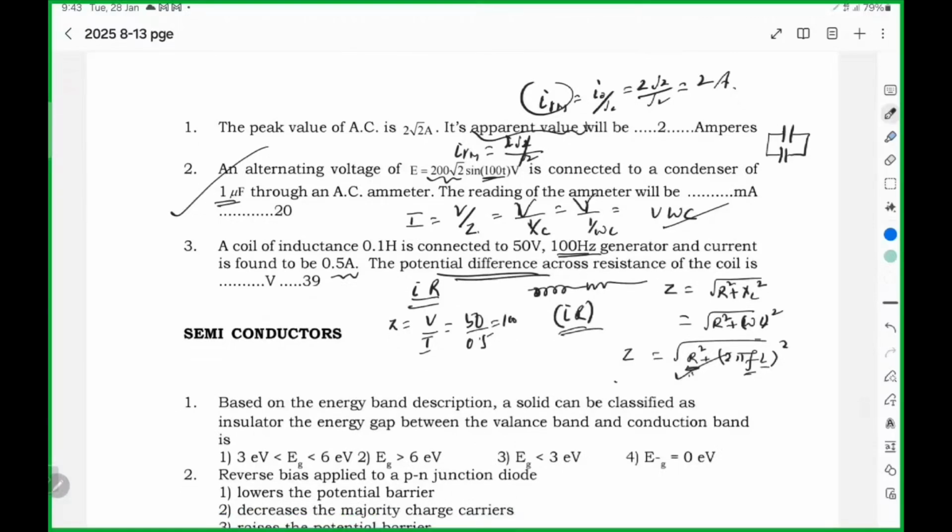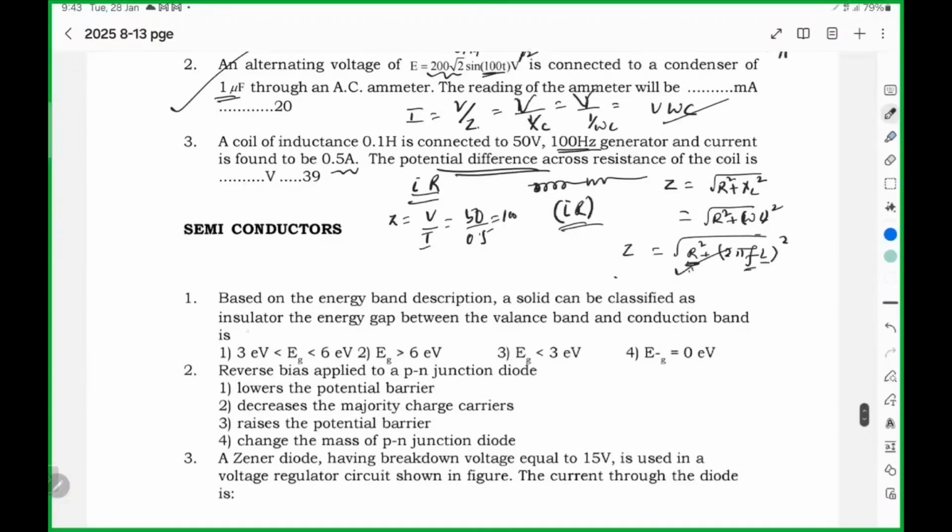Based on the energy band description, a solid can be an insulator, which means obviously the energy gap is more. In a PN junction, there is a potential barrier.